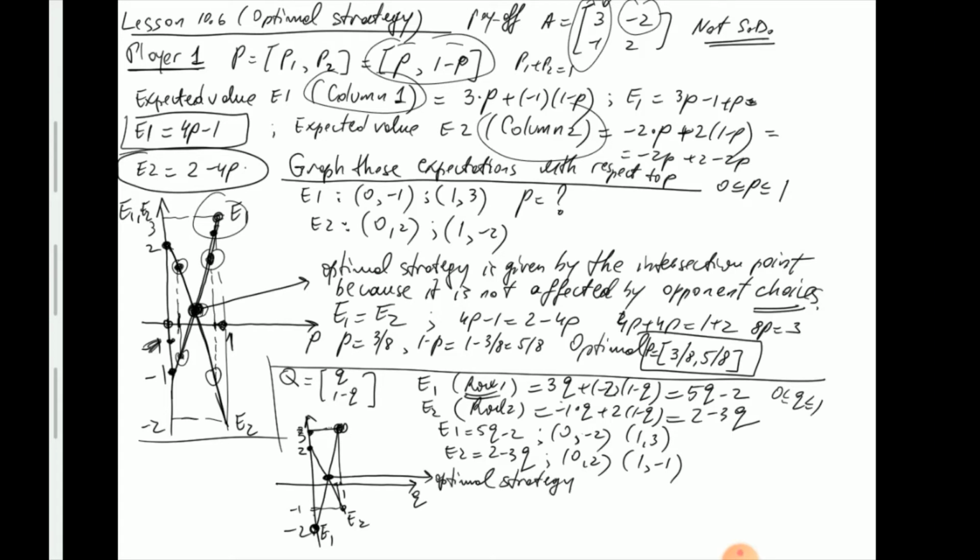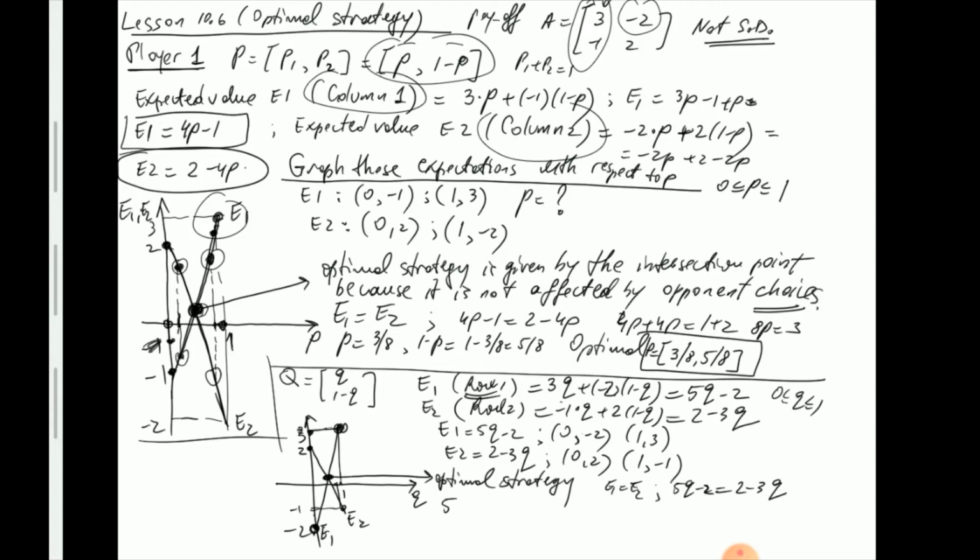So once again, the optimal strategy will be at the intersection of the two lines, because that's the one that doesn't depend on the choices of the opponent. So it's basically when E1 is equal to E2, and that means 5q minus 2 equals 2 minus 3q.